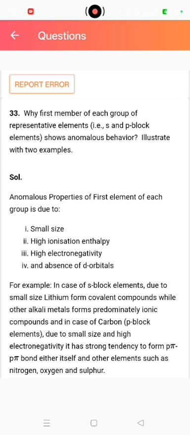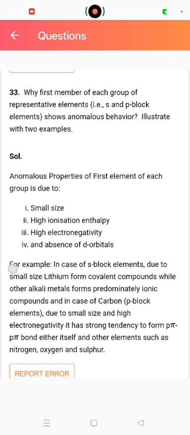Then, why does the first member of each group of representative elements show anomalous behavior? The anomalous behavior is due to their small size, high ionization enthalpy, high electronegativity, and absence of d orbitals.